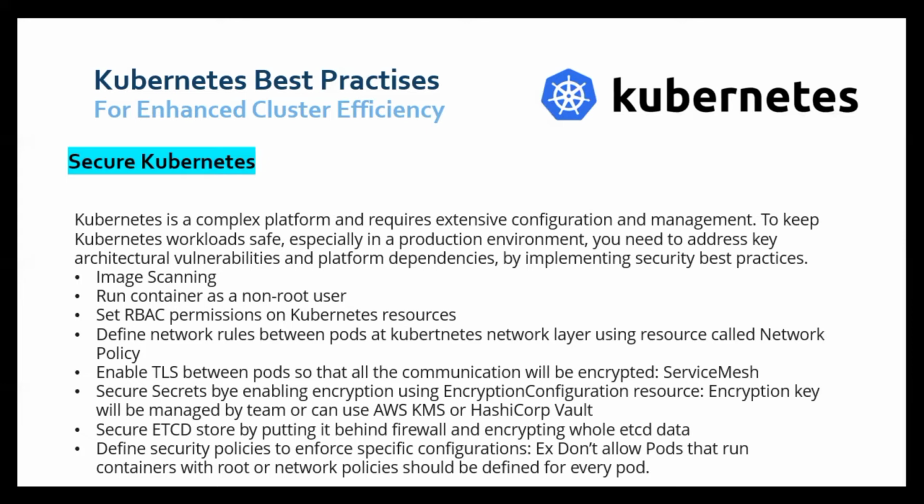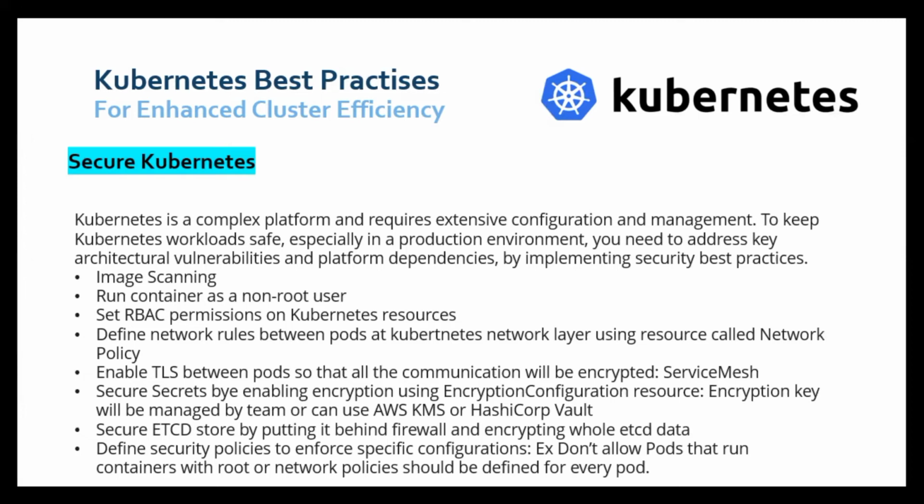This is the resource available in Kubernetes that we can use to restrict these parameters. The next one is enable TLS between pods, so that all the communication will be encrypted. Right now, by default, Kubernetes doesn't provide any TLS communication between pods. It's plain text, so it is very easy for a hacker to intrude on the pod. Once a hacker gets access to one of the pods, definitely that hacker will be able to access other pods as well through that particular pod.